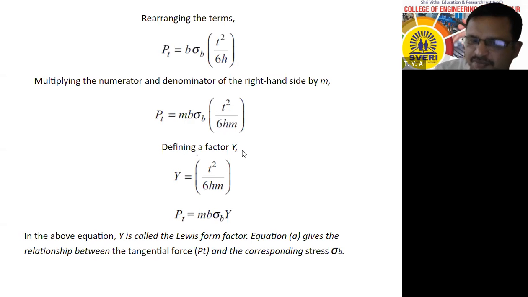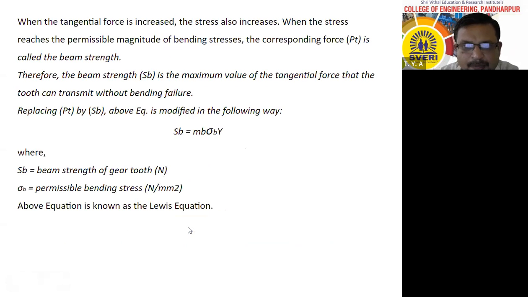Now they have considered a factor Y. Y is nothing but t squared divided by 6hm. Therefore, you get the final expression: PT, the tangential force, is equal to m b sigma b into Y. And this Y is known as the Lewis form factor.